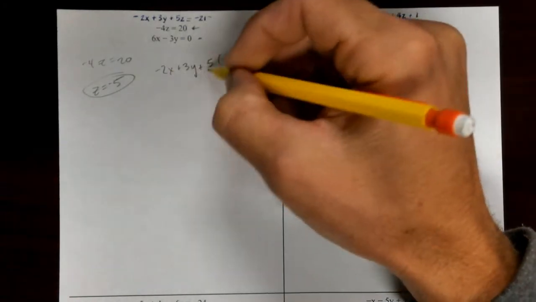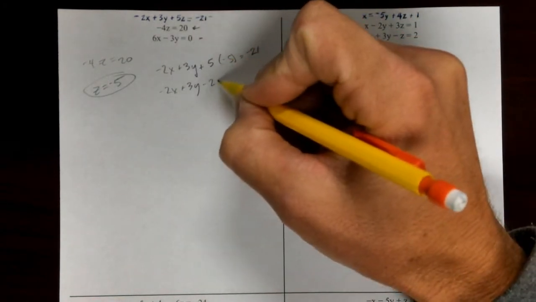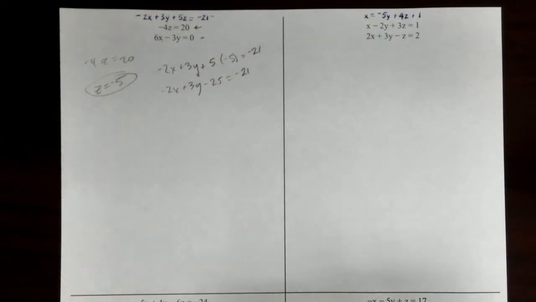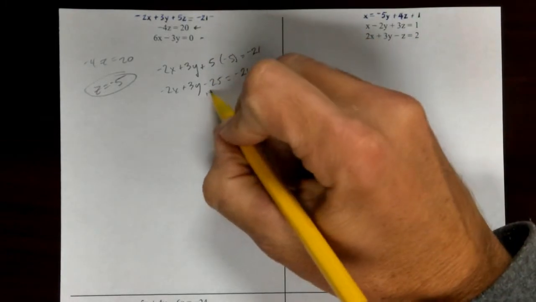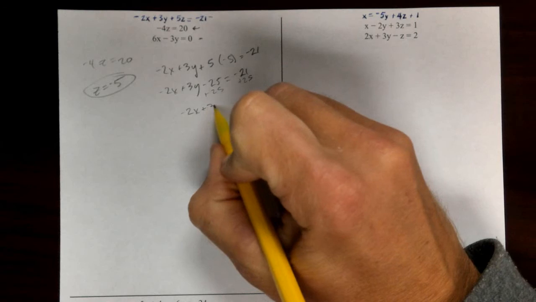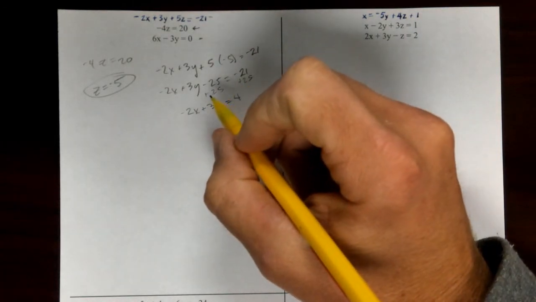Now I'm going to reduce, so I've got -2x plus 3 times y minus 25 equals -21. Trying to get that into an equation, I'm going to add 25 to both sides, so -2x plus 3y is equal to 4.